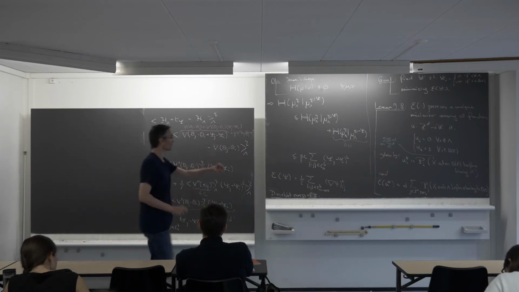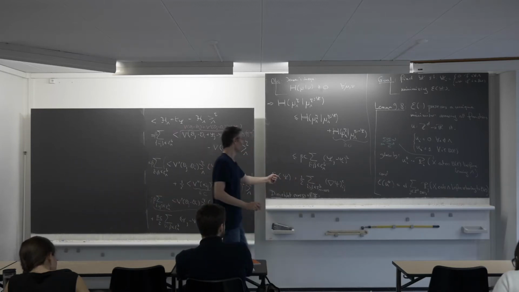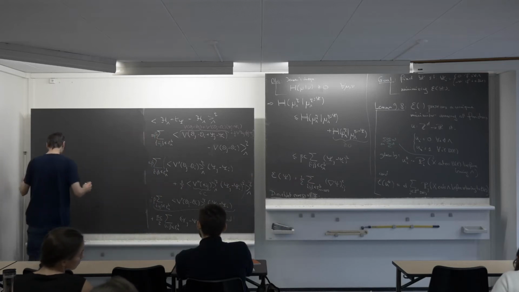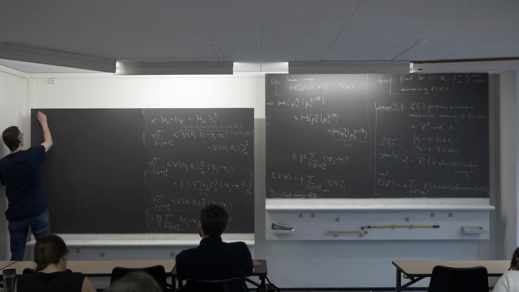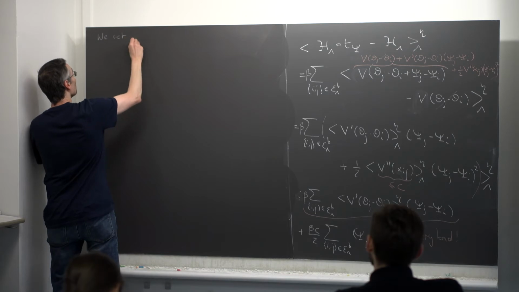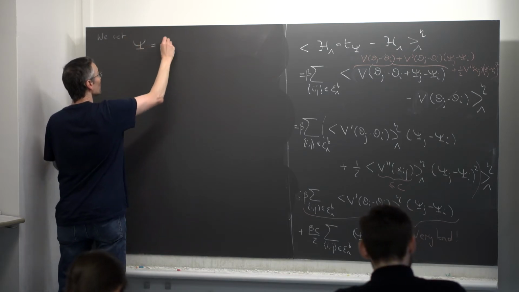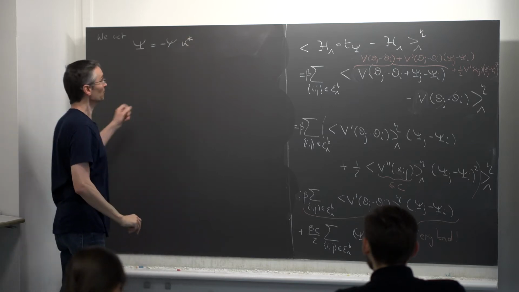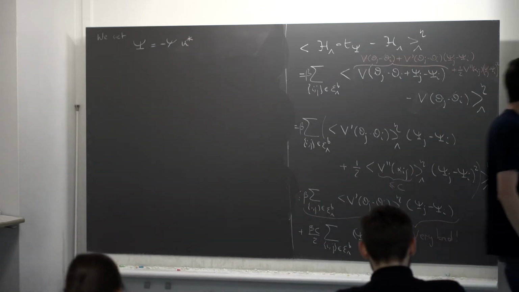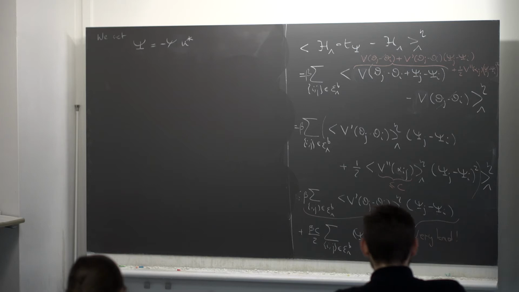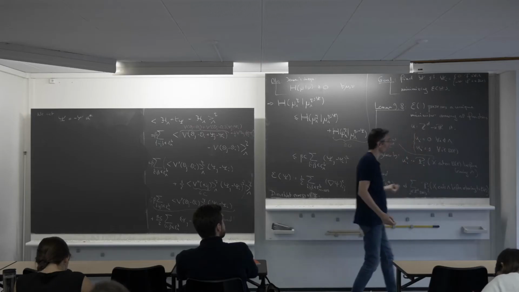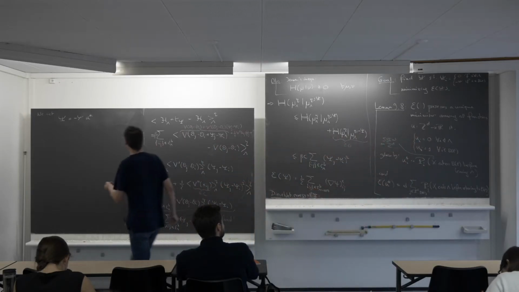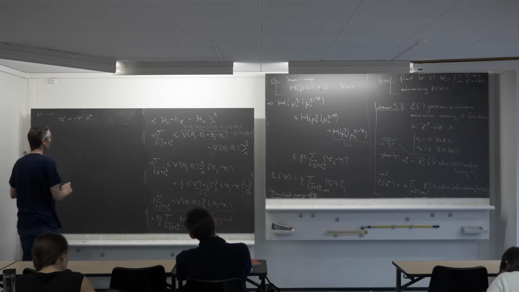Okay, so assume this. Now we are going to choose psi. I had not chosen psi up to now. So we said psi will just be minus small psi U star. So that gives me exactly what I want. Inside BL, my psi will be equal to minus small psi, because minus small psi times 1.